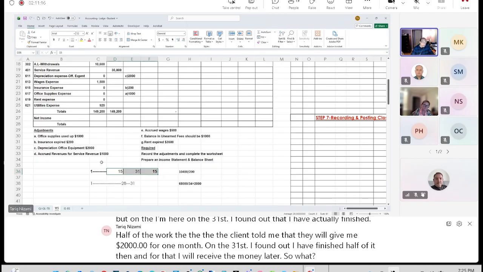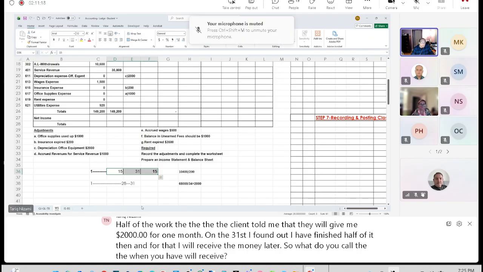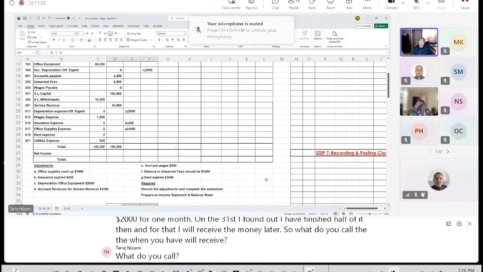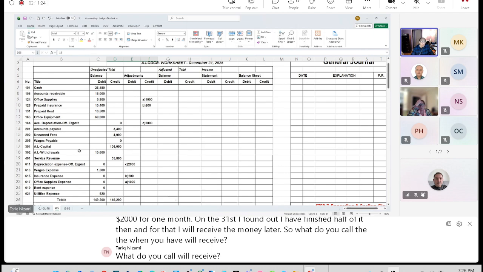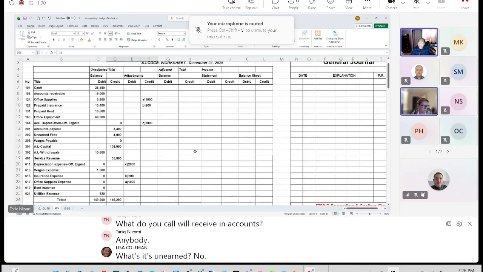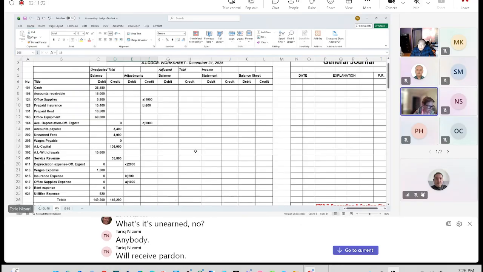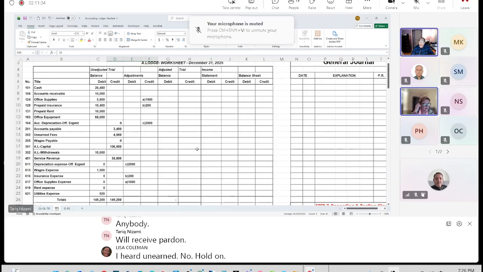So what do you call it when you will receive? What do you call will receive in accounts? Anybody? Will receive. Unearned, no? No. Will receive, not unearned. Unearned is when I got the money.